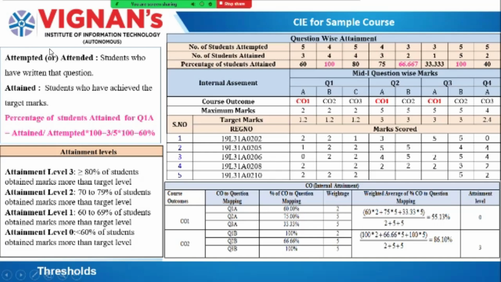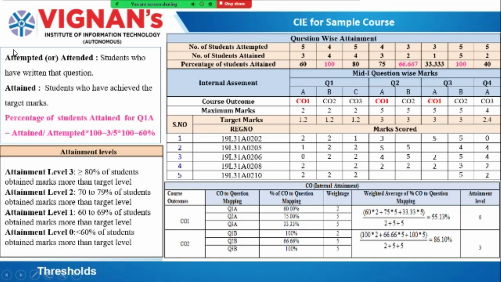You have to consider the attempted questions only. See here, the total number of students is 5, and the attempted students are 5. Here only 4, and here we have only 3. This is the number of students attempted.